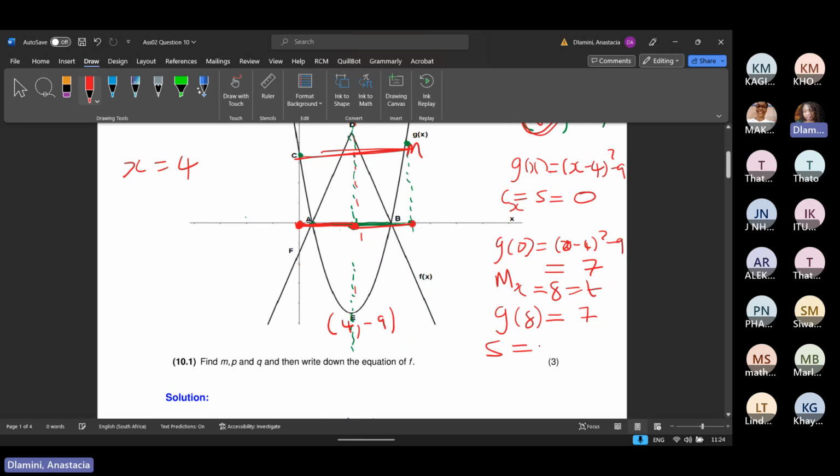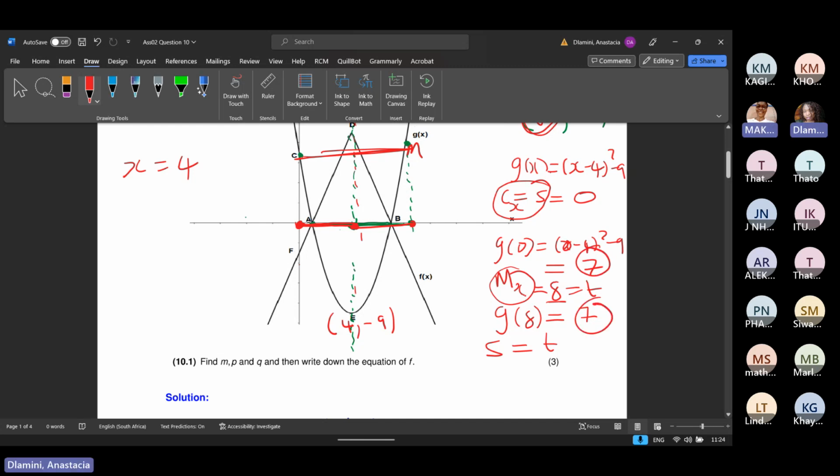But is s equal to t here? Remember we said s is the x coordinate of c, and here we define t as the x coordinate of m. We got 7 here, we got 7 here.